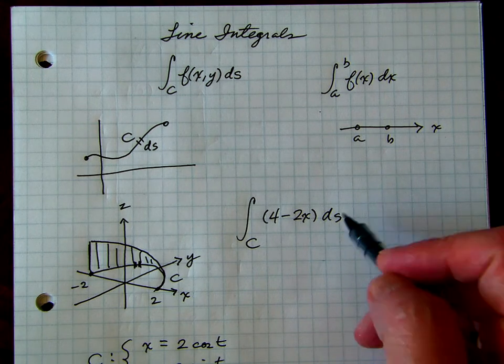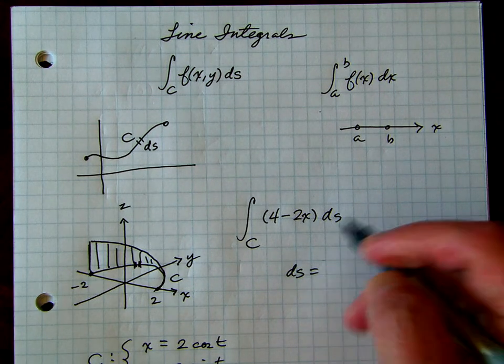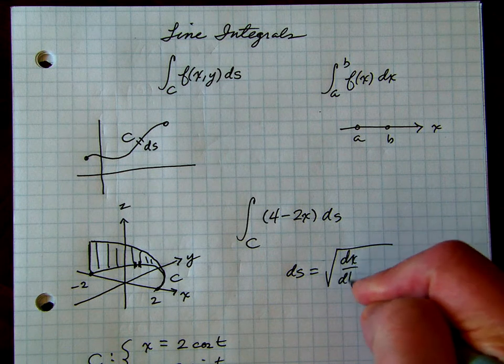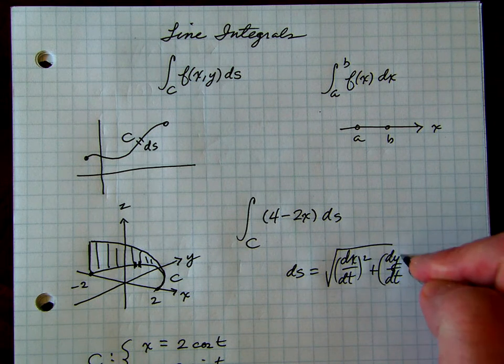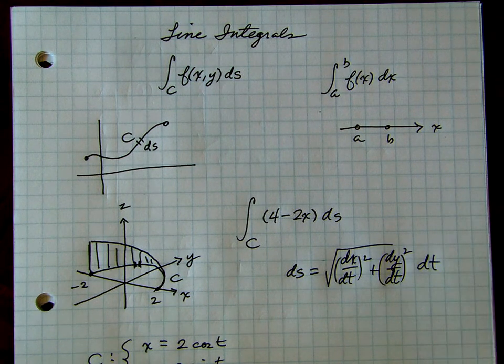And here's a fun fact. We know that ds is the square root of dx/dt squared plus dy/dt squared, added together, square root, dt. And that is the key tool that we're going to need for this.